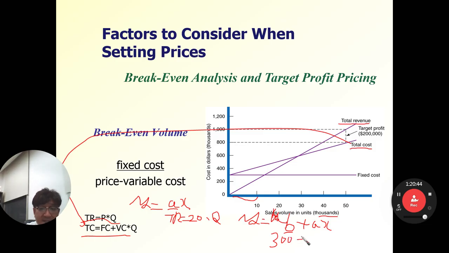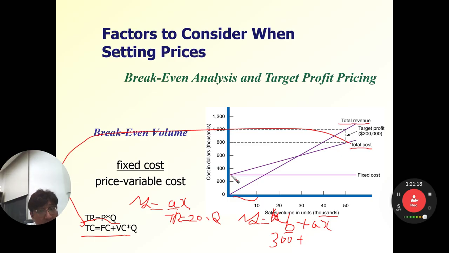Plus, now what is the value for this A? The A is also the slope. Slope는 한국말로 뭐라지? 기울기. What is the 기울기, the slope for this line? Just think about this.